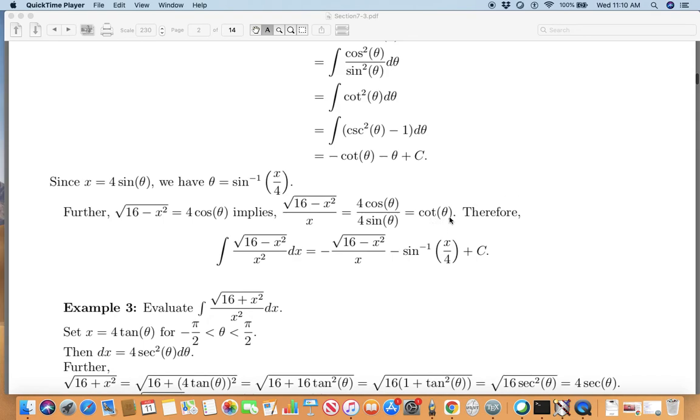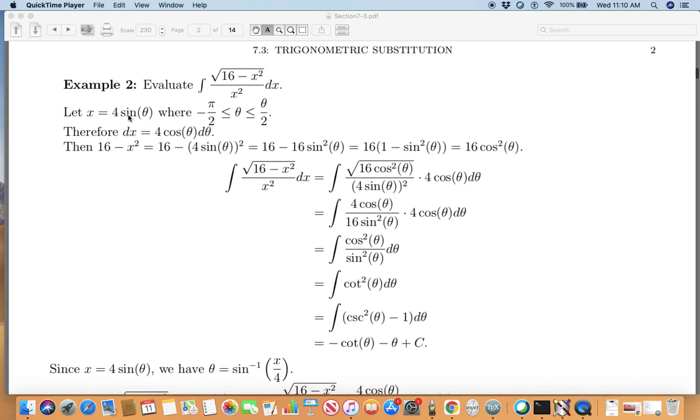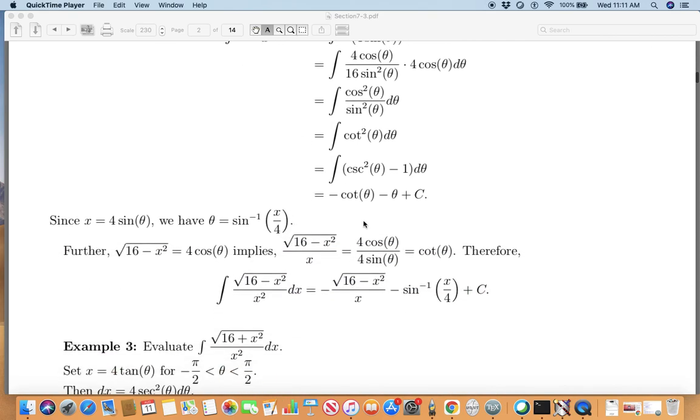So you are able to write down what cotangent is. It's negative the square root of 16 minus x squared over x. That's here. Minus theta. How do I get theta? Well, divide both sides by 4. So x over 4 and then sine inverse. So theta is sine inverse of x over 4, plus that constant of integration.